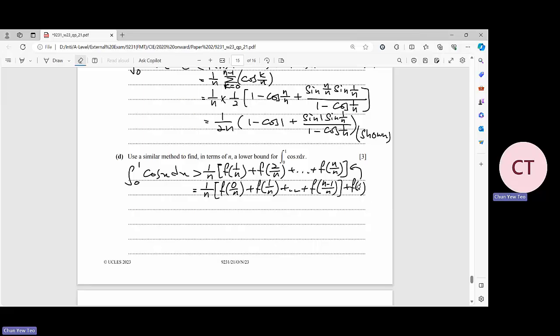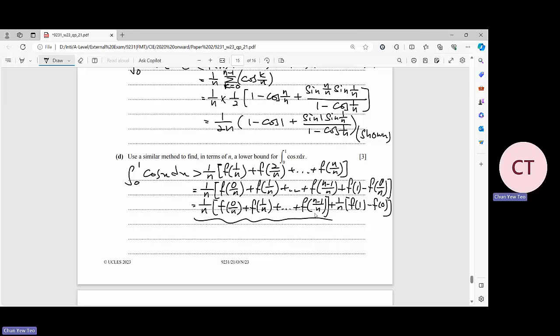Oh, sorry. Everything must be put under the bracket here first. Then I only expand the 1 over n inside, plus until fn minus 1, then plus the 1 over n of f1 minus f0.